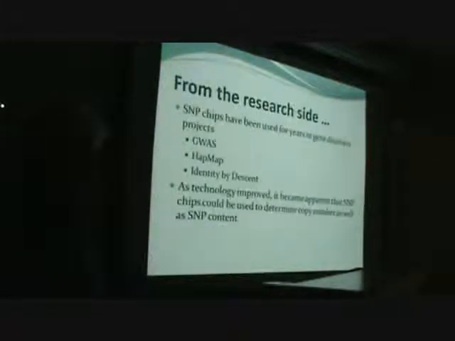And on the research side, there were the SNP chips, which have been used for years in gene discovery projects, high density, single nucleotide polymorphism chips, and well used in the research community. And as the technology of the SNP chip analysis improved, it was apparent that you could start reading dosage off these.